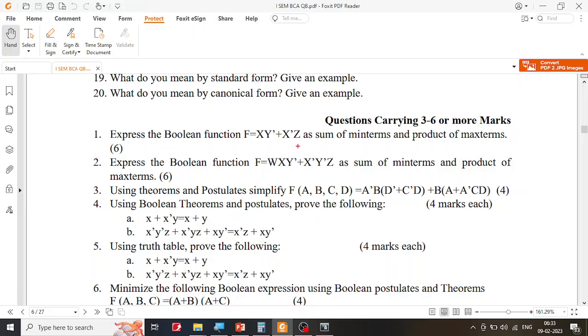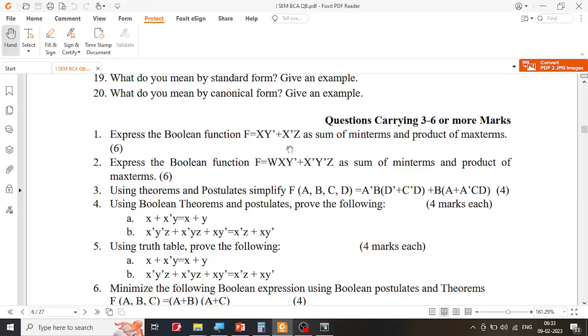Suppose this is your equation a comma b comma c, then if you write a term a plus b, this is not a max term. Why? Because c is missing. So you have to somehow get that c here.